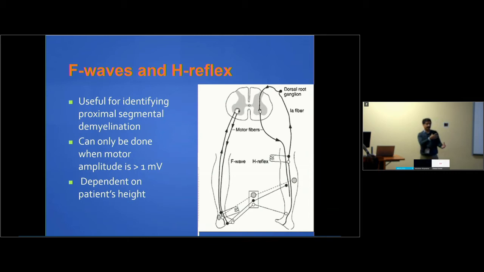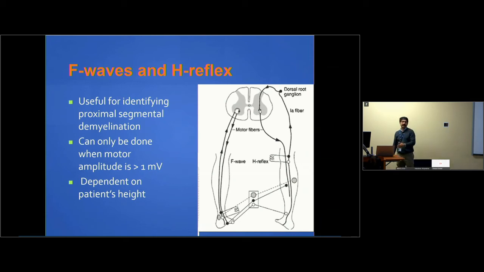So if there is a proximal segment where there is demyelination, or if there is something compressing the nerve, say close to nerve root or close to axilla, we don't study, because we usually study the distal segment of the nerves, that will be abnormal.